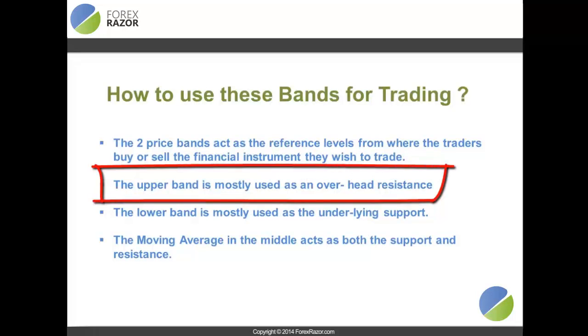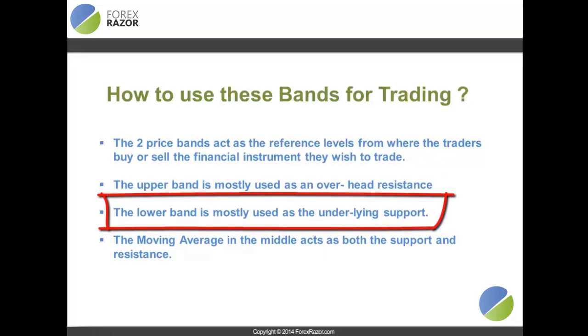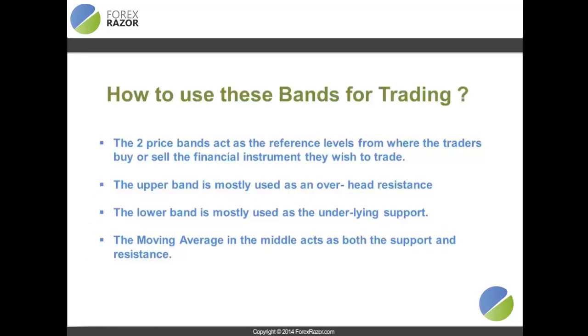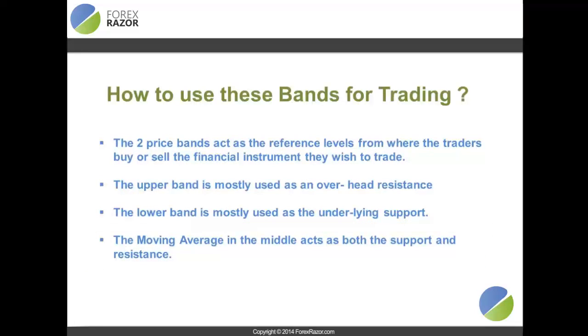The upper Bollinger Band is mostly used as an overhead resistance, while the lower band is used as the underlying support. The moving average in the middle acts as both the support and resistance level depending on the current market price.